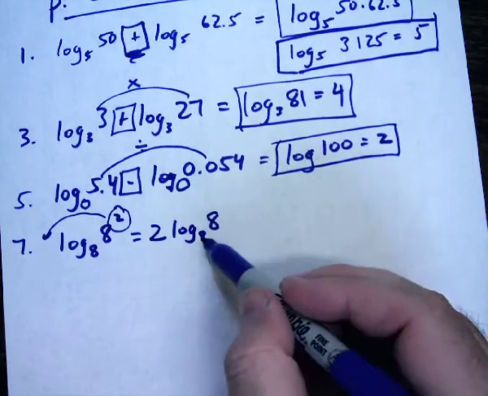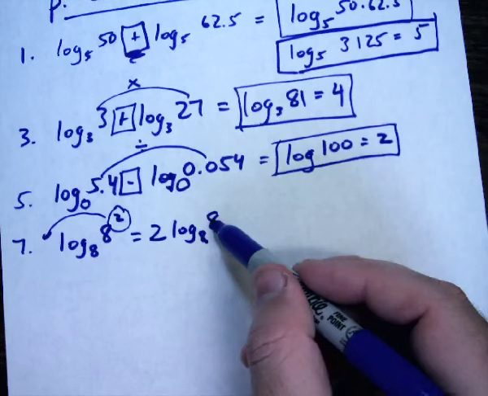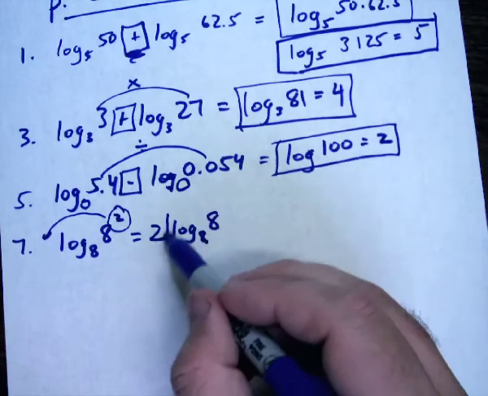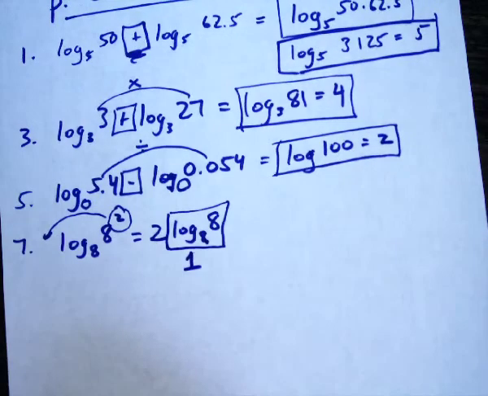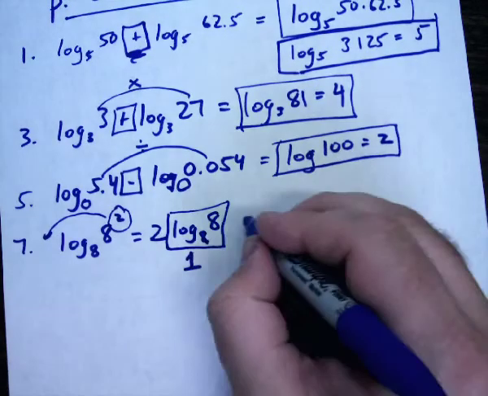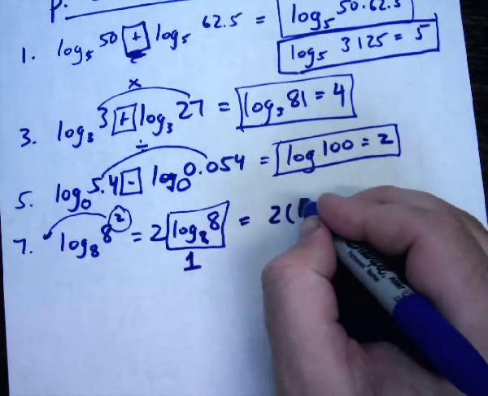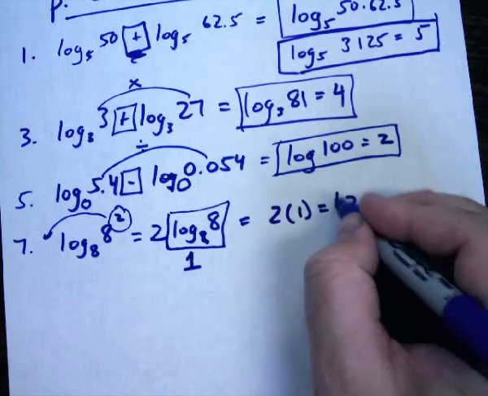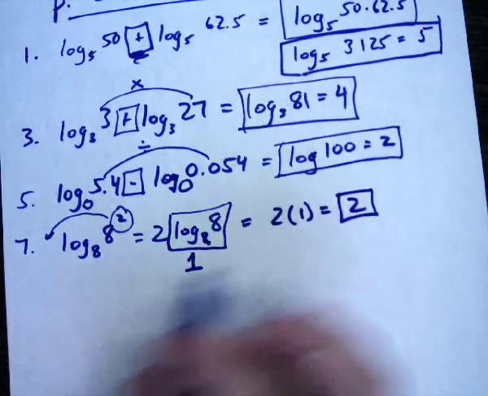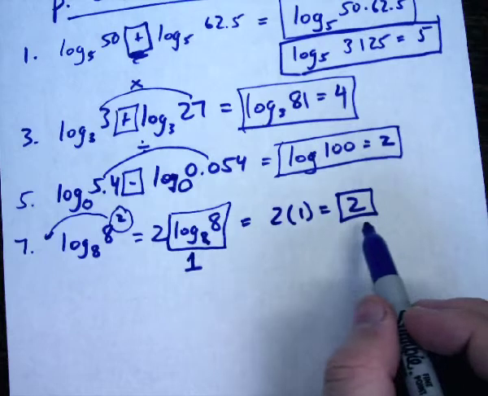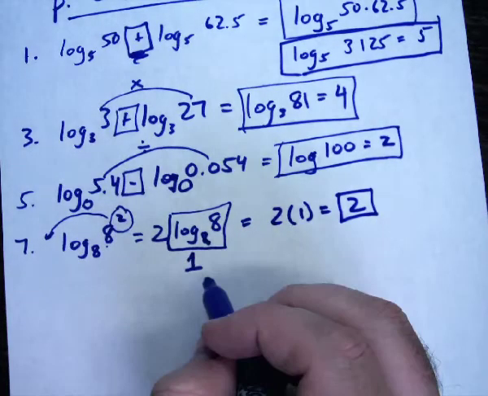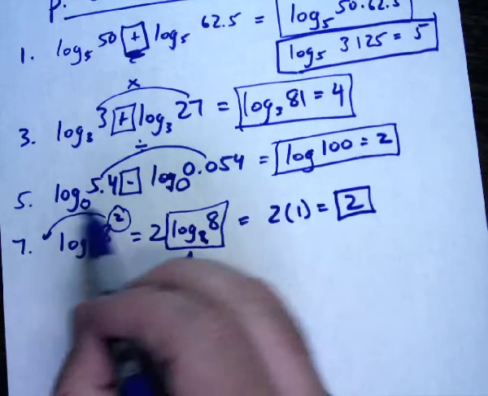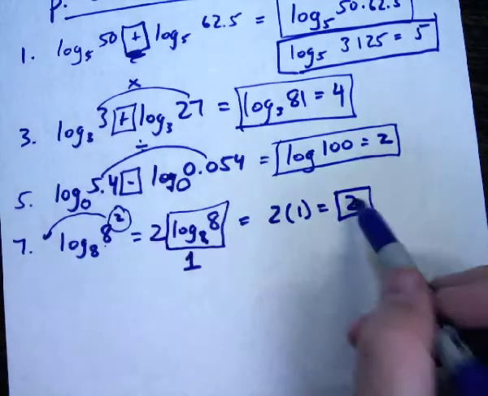When you have log base 8 of 8, this must be 1, because 8 to the first power is 8. So this is 2 times 1, which equals 2. That's not the only way you could do this. You could just do 8 to the second power is 64 and then figure it out from there. I just wanted to use my new property.